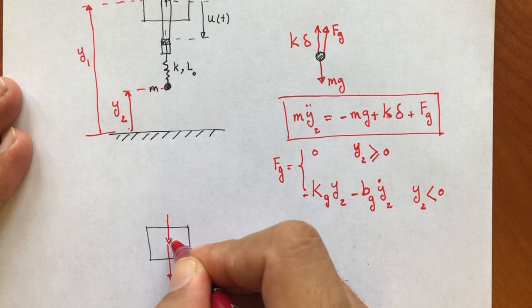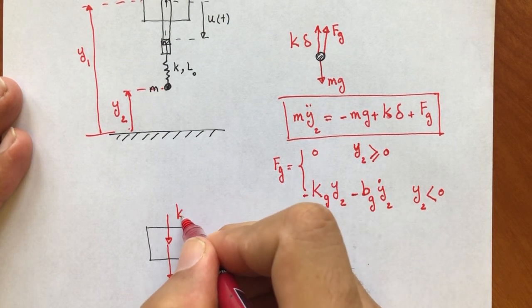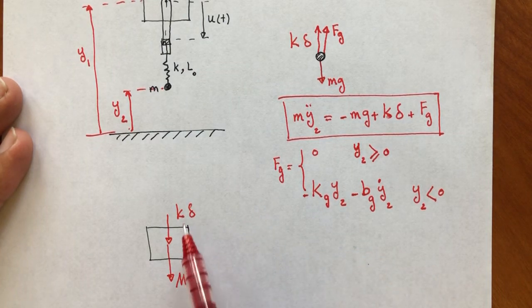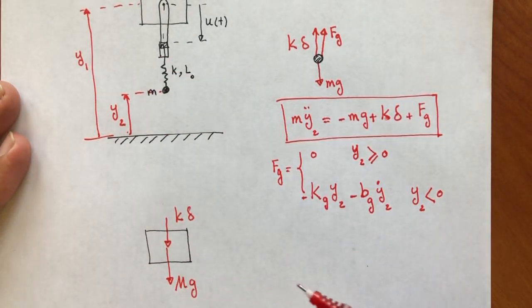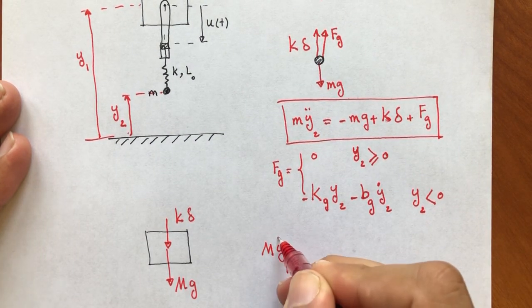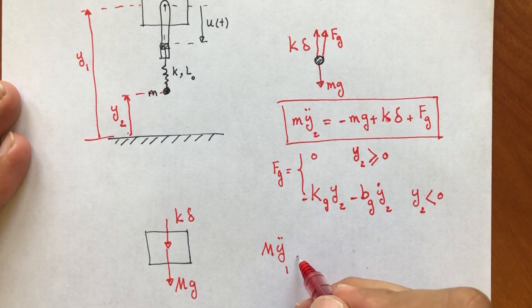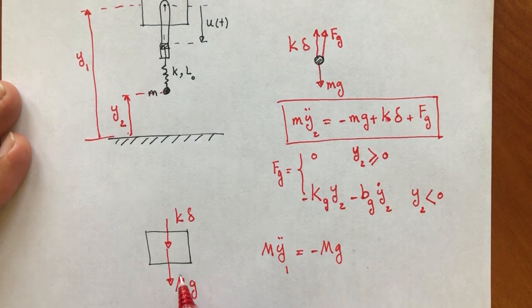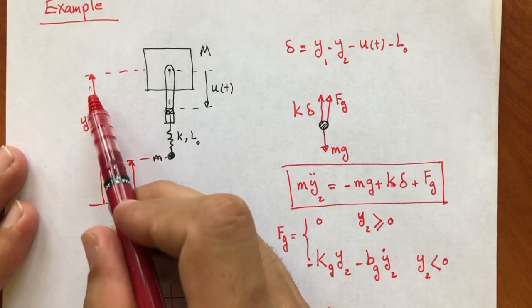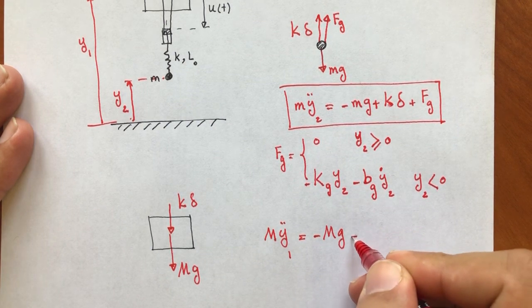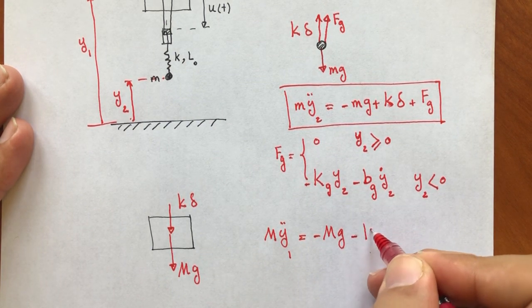So it's going to be downward, k times delta. In the same way, the sum of the forces in the y direction is going to be equal to mass times acceleration in the y direction. So m times y1 double dot is going to be equal to negative mg, because it is downward and my y1 is upward, and minus k times delta.